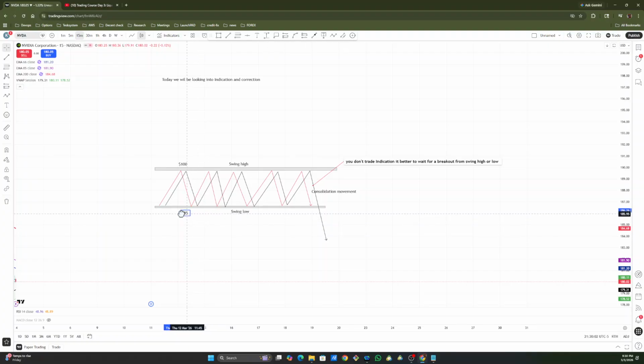You can't actually trade in the market like this because you don't know which direction the market wants to go. In this situation, buyers and sellers are fighting, struggling to see who's going to dominate the market, who's going to take the market either up or down.